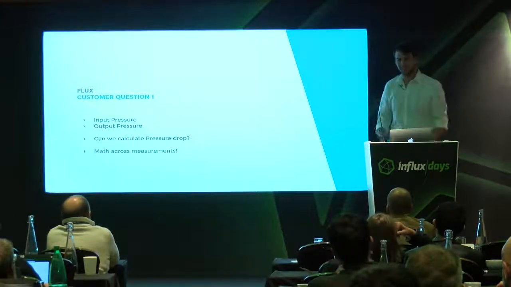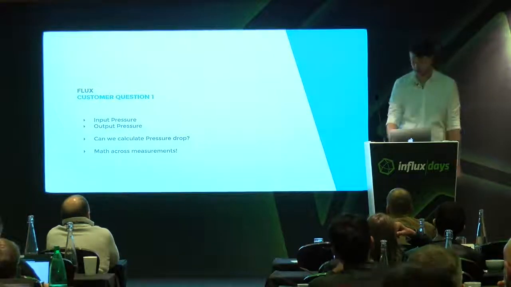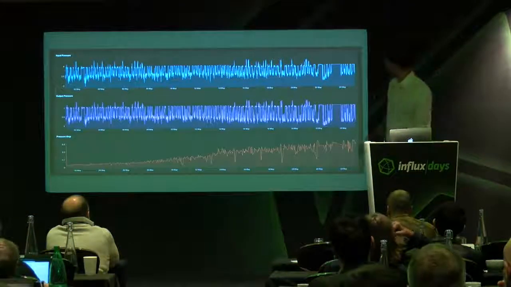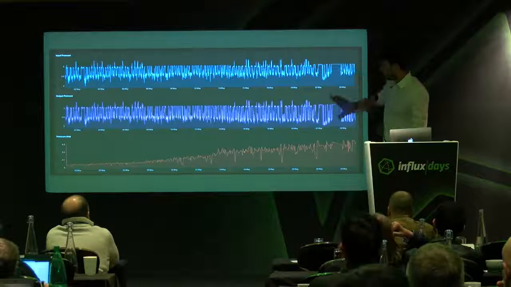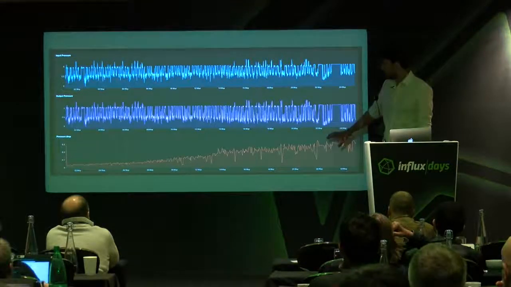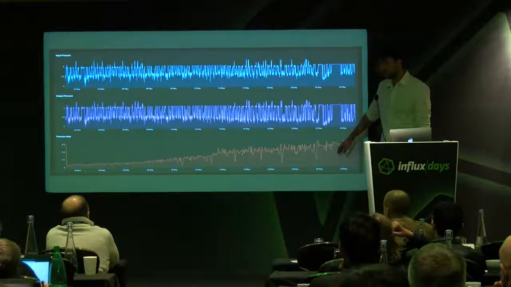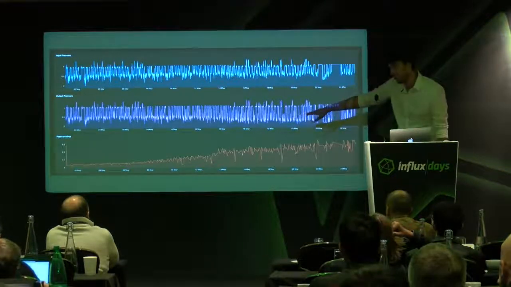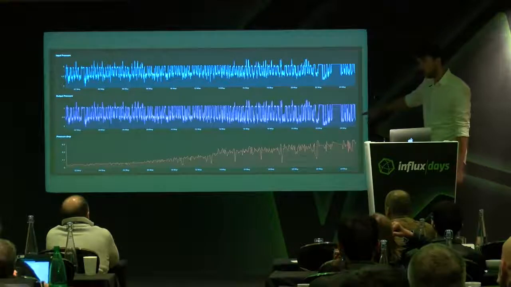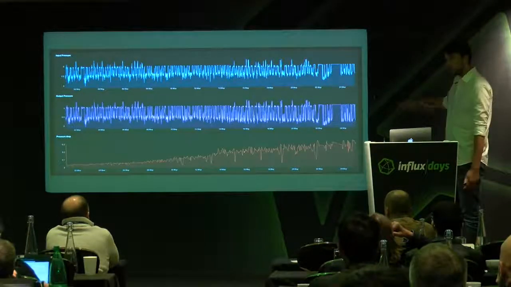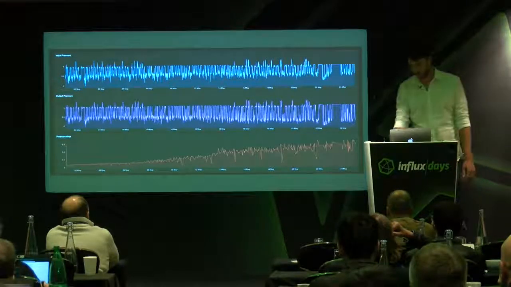No, you can't. But now with Flux, this is easy. Math across measurements. We take the input pressure and the output pressure, and in the result of a Flux query we just calculate the difference, and you can see indeed that over a few days, the pressure drop starts building up to a certain point where they have to replace the filter.